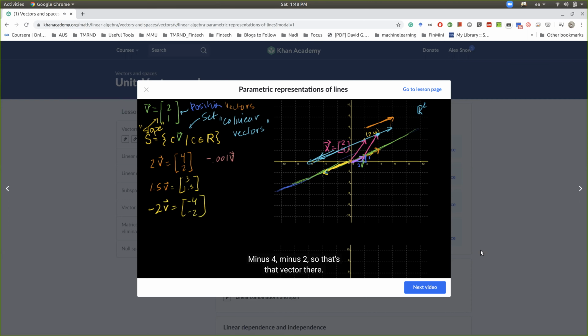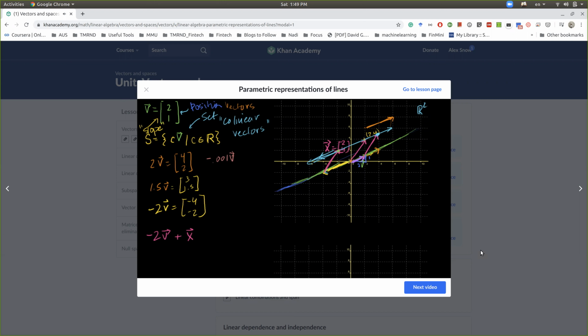But if I were to add my x vector, if I were to do -2 times my vector v, but I were to add x to it, so plus x, I'm adding this vector 2, 4 to it. So from here, I'd go right 2 and up 4. So I'd go here. Or visually, you could just say heads to tails. So I would go right there. So I would end up at a corresponding point over there.